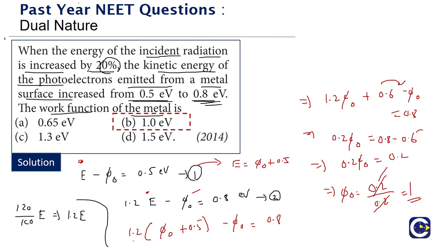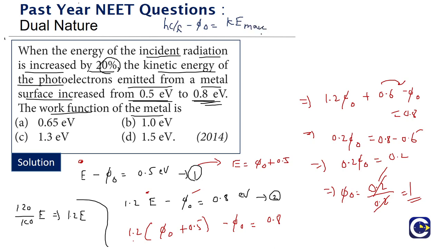Again same thing. Like we have been seeing in this entire video, in most of the questions we are using Einstein's equation: the energy of the incident radiation minus work function is equal to Ke max. Just keep in mind that we have two forms of Einstein's equation. One is the Ke max form, and the second is the stopping potential form. Form 1: the energy of the incident radiation minus work function is equal to Ke max.